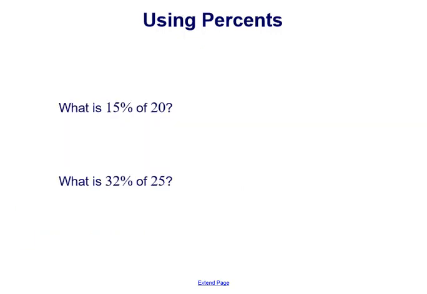Let's look at 2 other examples as well, just to get the hang of the process and figuring out how you would, again, find a percent of a number that doesn't have a total of 100. It has a different total. We're trying to find the part of that total. In the first example, we have what is 15% of 20.